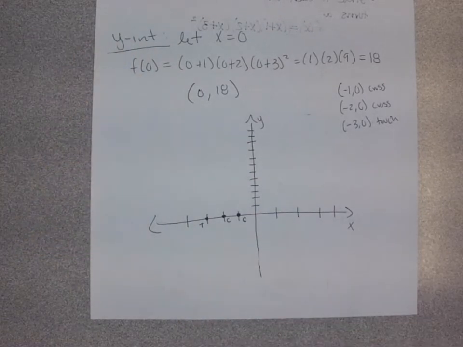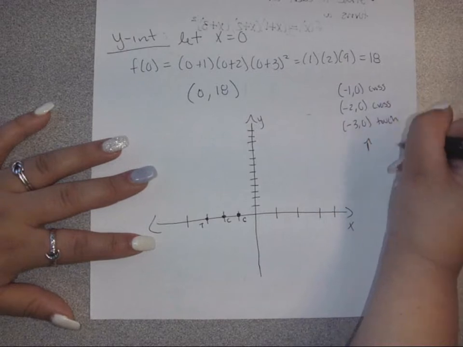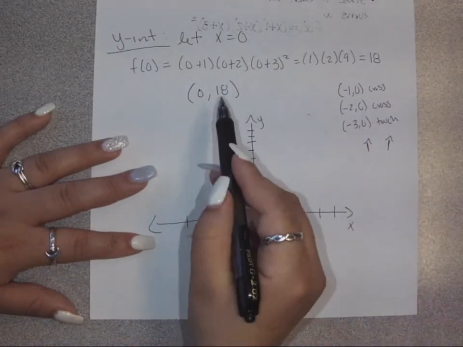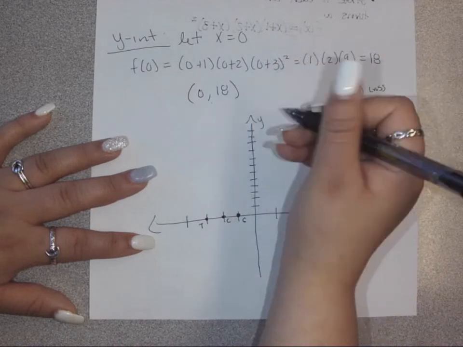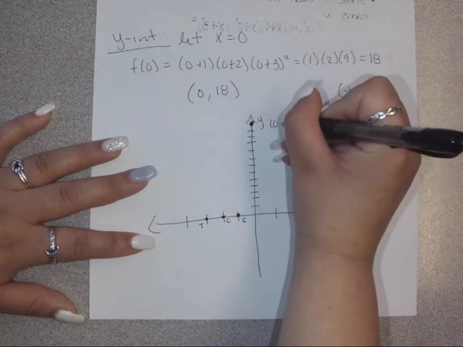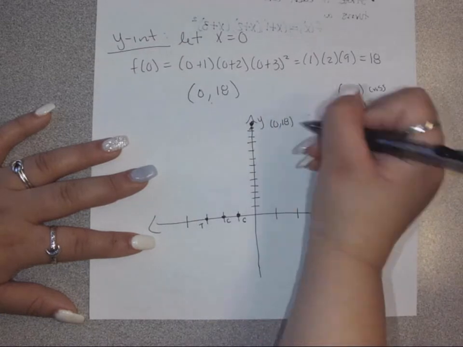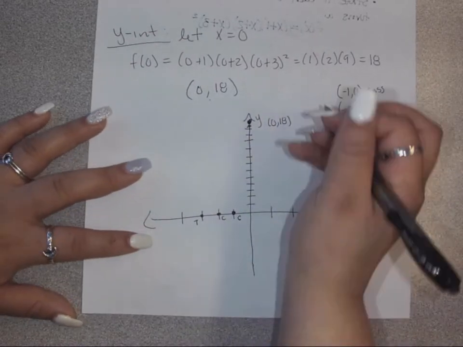At -2, 0, I have to make myself a note also that it's going to cross, and at -3, 0, I have to make a note that it's going to simply touch. Our end behavior, we know they were both going to go up.